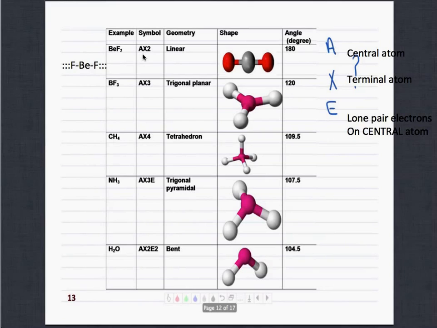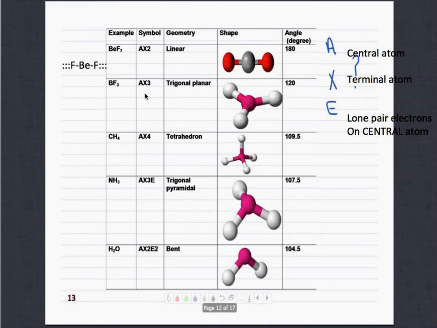Now let's go to the next example, which is BF3. I'm going to insert again. So I know that this is the Lewis structure of BF3. A represents the central atom, which is boron. It has 3 terminal atoms, so it's going to be AX3, and I have 0 lone pairs on the central atom.